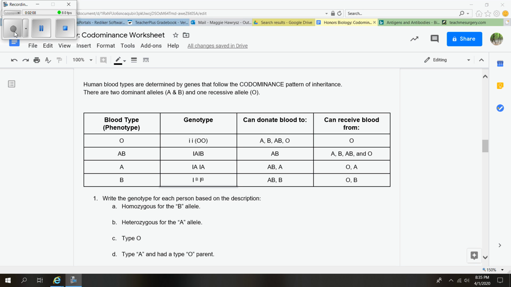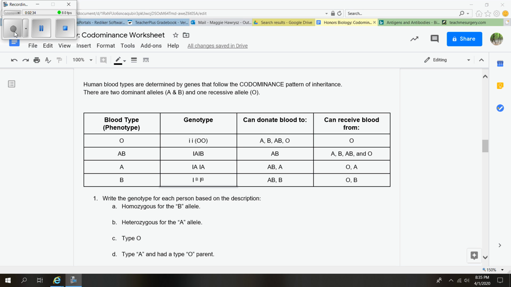And if they don't have that protein present, they're considered O negative. So that's a different system. And I just want you to know that there's other systems too within our blood type. You could have a blood type M or blood type N, but they don't get talked about as much as the ABO blood group system does. Okay, and so that's the main important system that we're going to talk about.